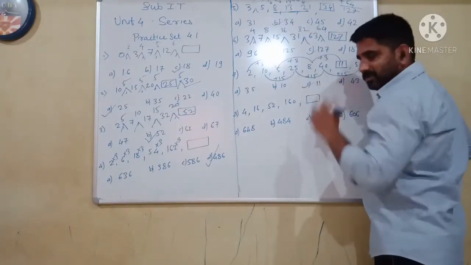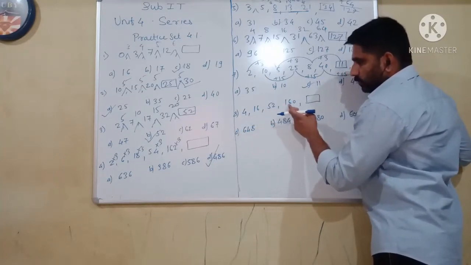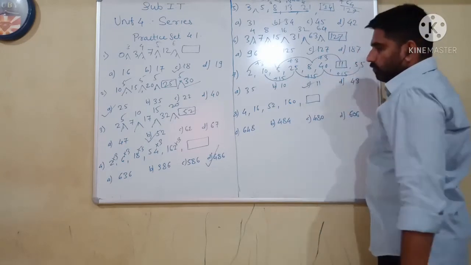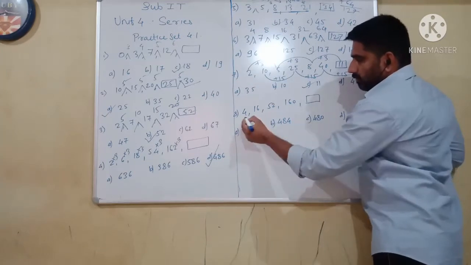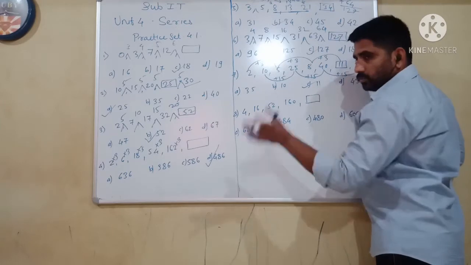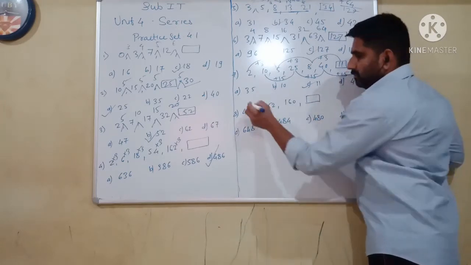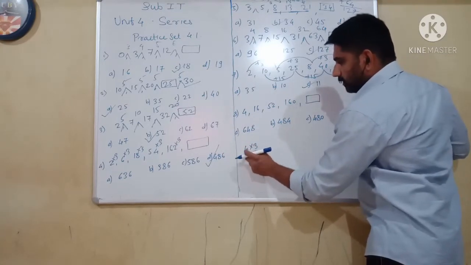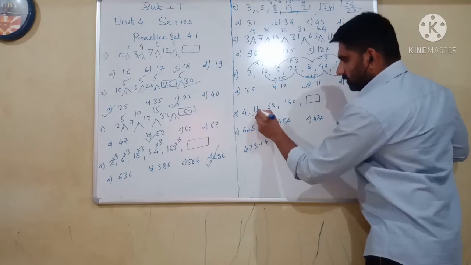Next, last question. That is 4, 16, 52, 160 and again a blank box. Here, if you try to follow that 4 fours are 16, but 16 fours are not 52, so it is not like that. So we can have a multiplication series like this: 4 into 3 is 12, 12 plus 4 is 16.